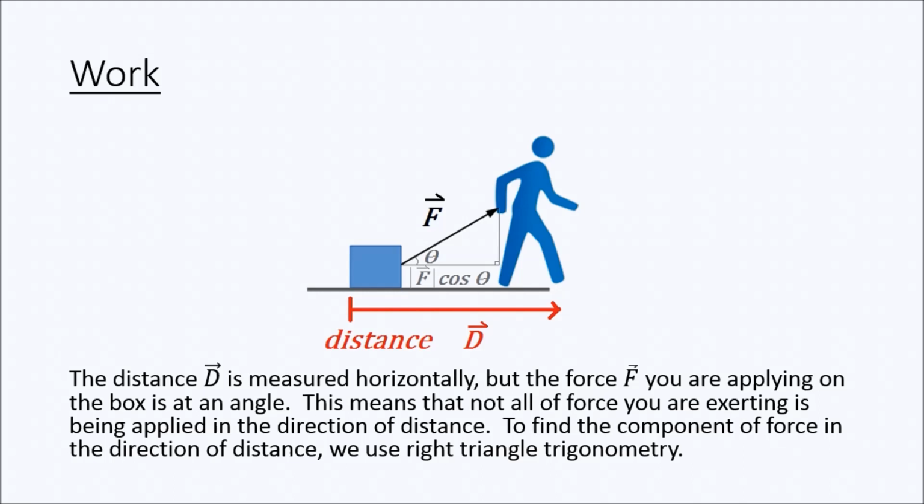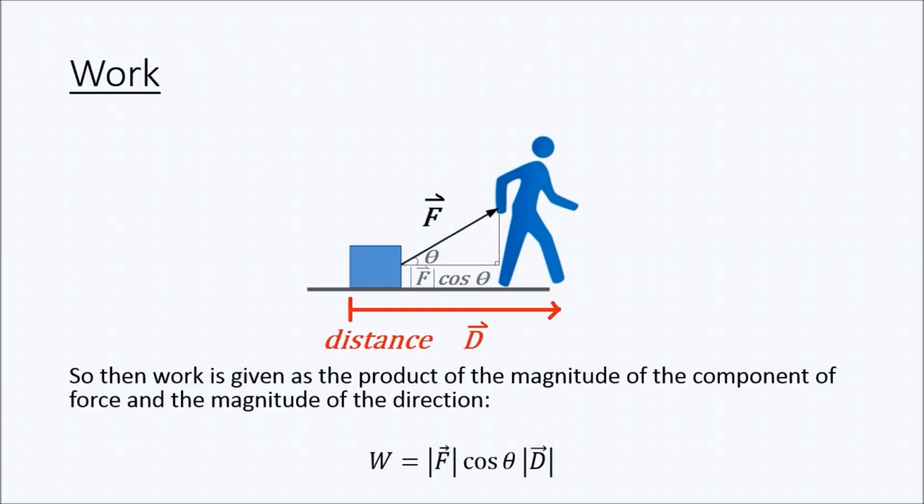Cosine is obviously the adjacent over the hypotenuse, and so our adjacent side of this triangle becomes the magnitude of force times the cosine of theta. So clearly then work is going to be the product of force, which is actually the magnitude of force times cosine of theta, times the magnitude of the distance. So again, work equals the force times the distance.